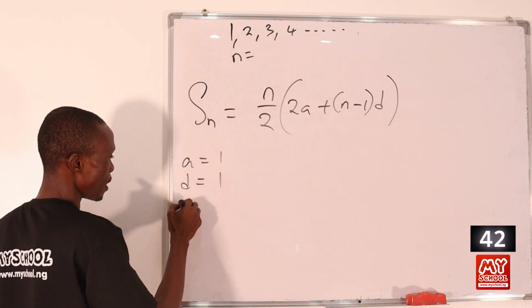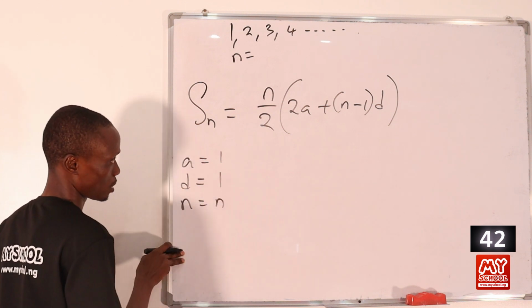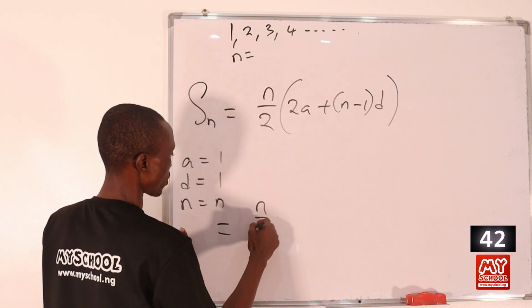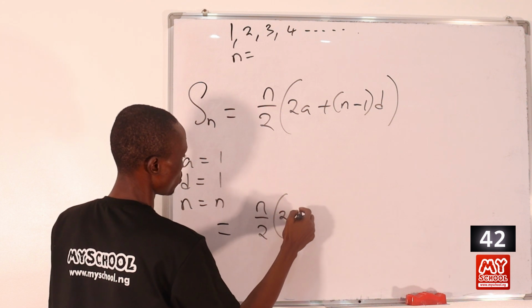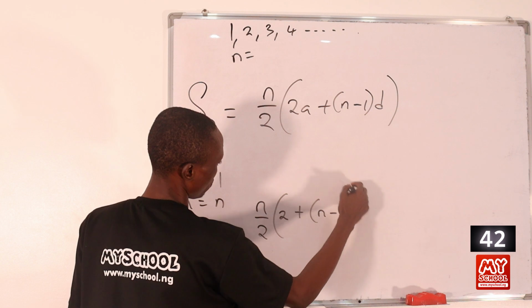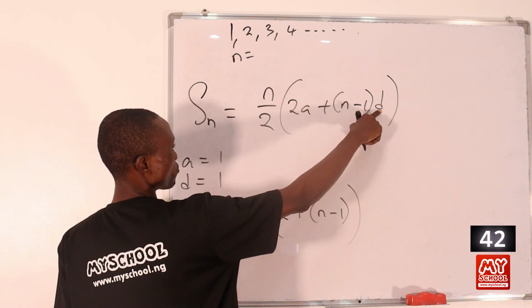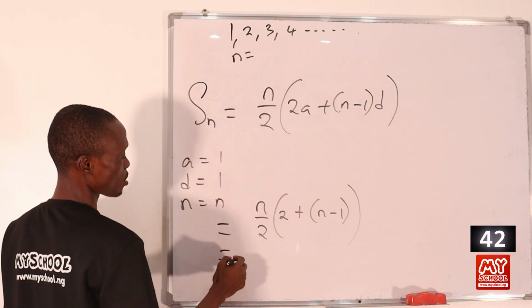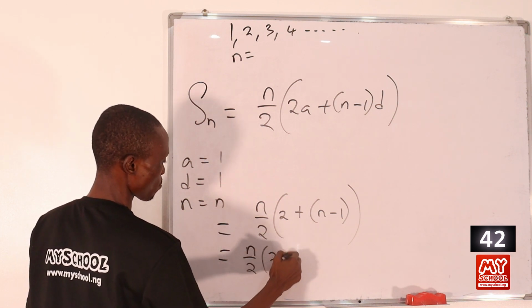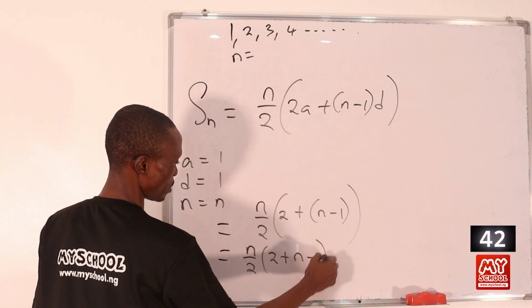And the number of terms is n. So if we substitute this into this formula, we'll have n over 2 bracket 2 plus n minus 1 in bracket. Remember that the common difference is also 1.